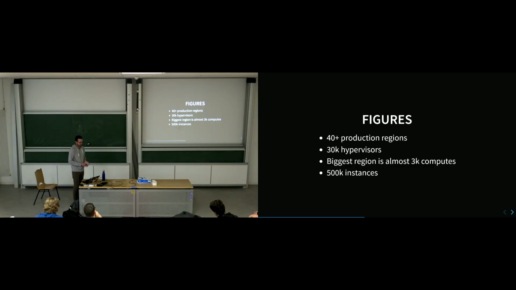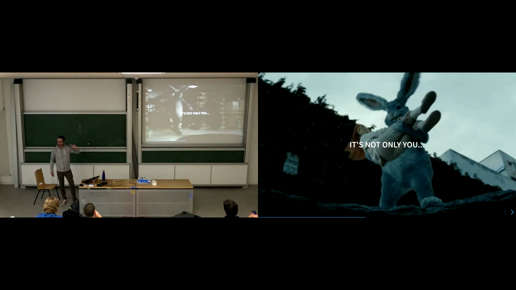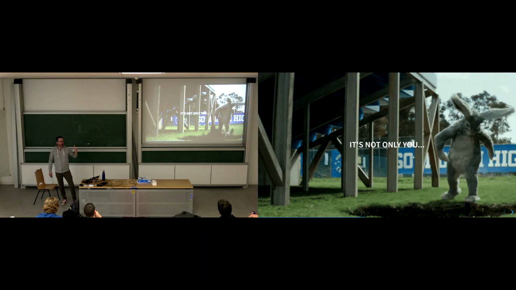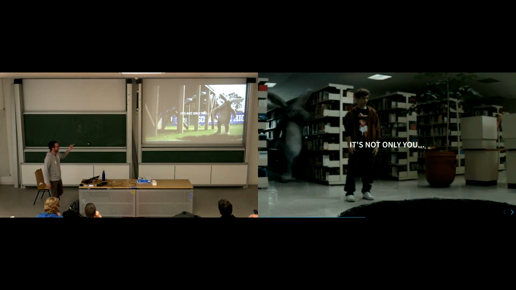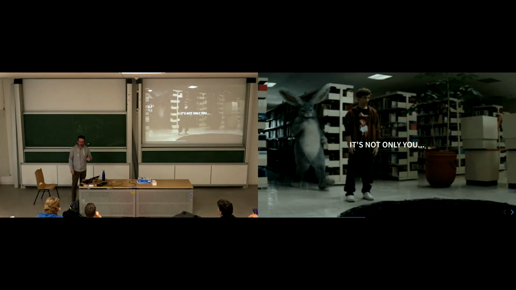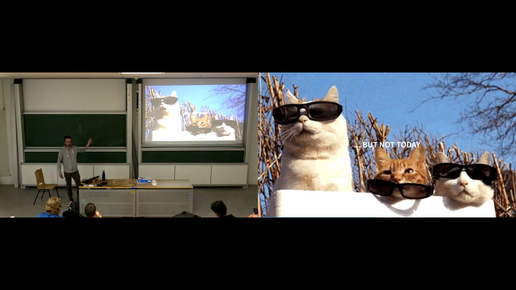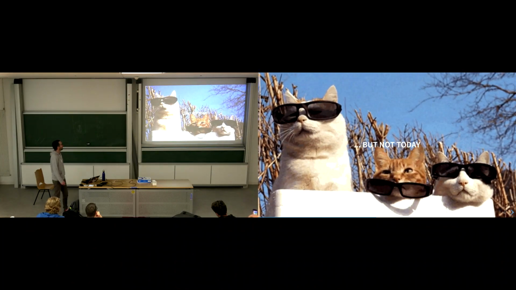And yeah, it's difficult. It's not only you having issues with RabbitMQ. We do have a lot of issues with RabbitMQ as well. If you were there yesterday, we did a talk about this. So if you have issues with RabbitMQ, you can come back after as well. But this is not today's topic. We are not going to talk about RabbitMQ.